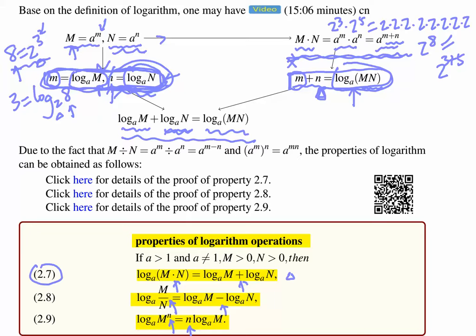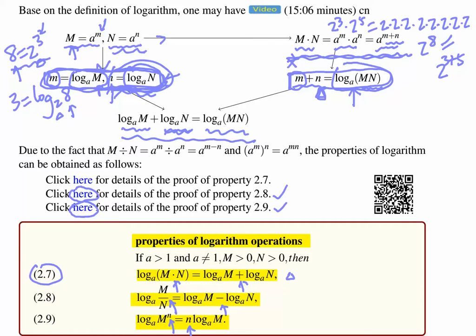Similarly, readers can join the proof for 2.8 and 2.9 by clicking here. You can see the diagram, and by clicking here you can see another diagram.